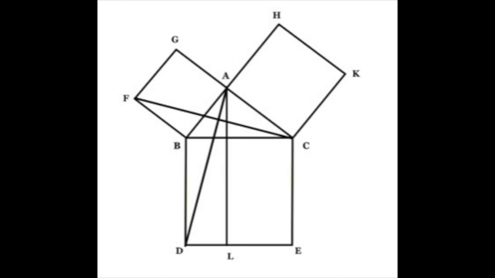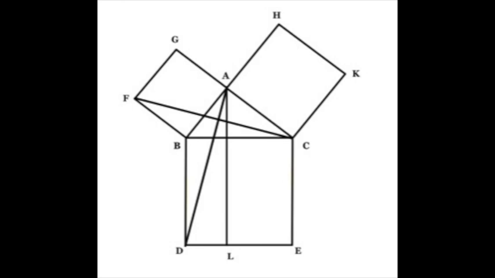But the 2 triangles, ABD and FBC, are equal. They agree side, angle, side. The side AB equals the side FB. The side BD equals the side BC.